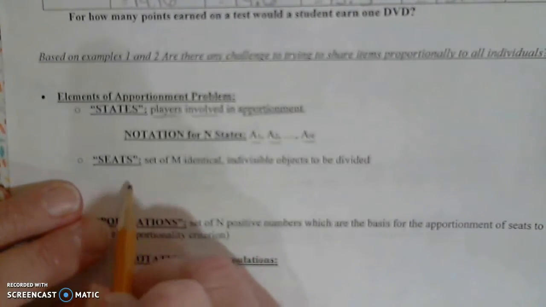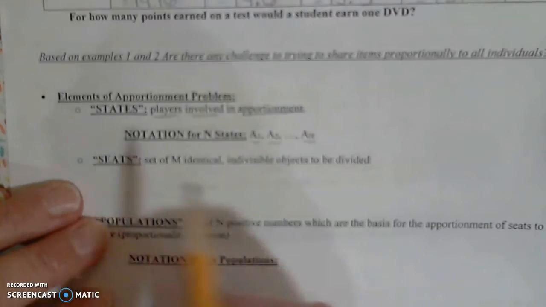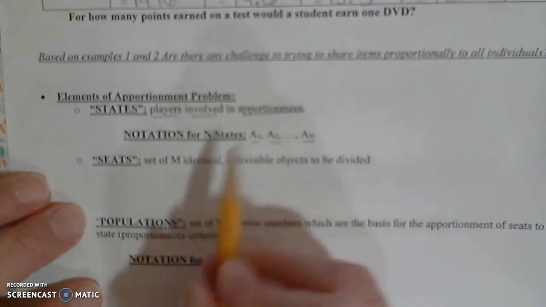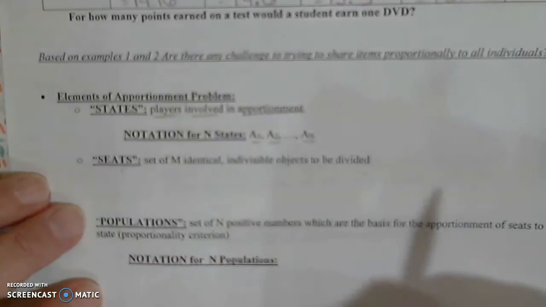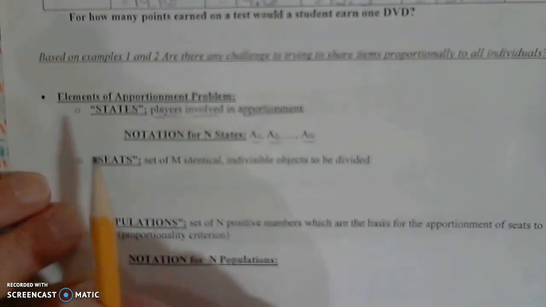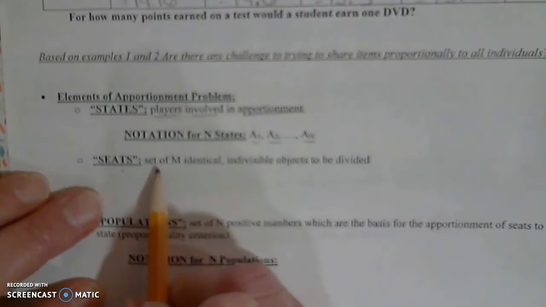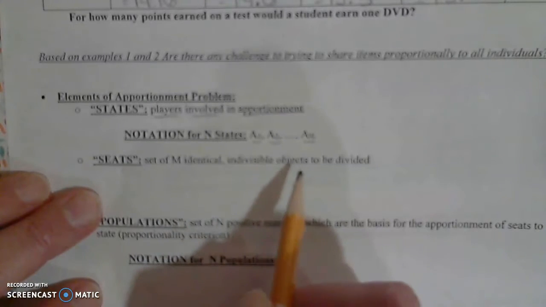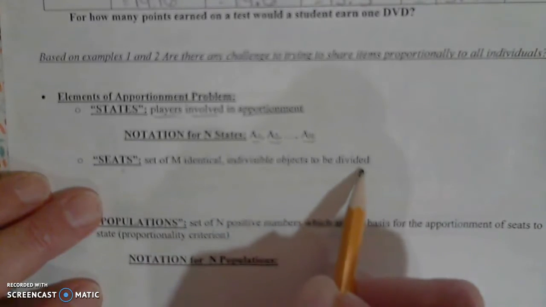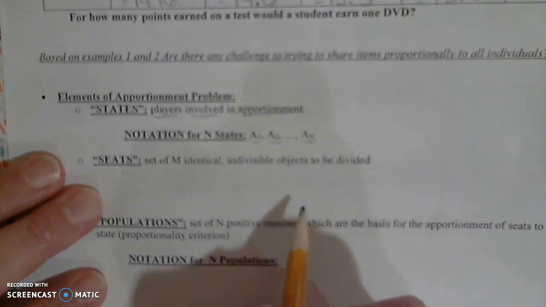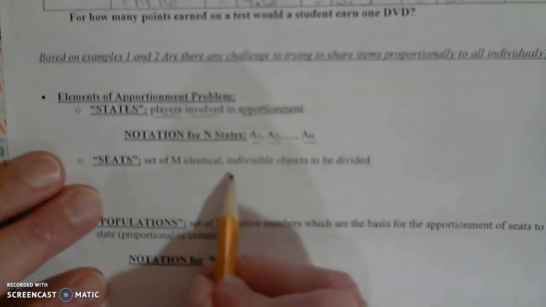Now your seats. The seats are what we're getting out. And so example 1, that was a piece of chocolate. And example 2 up here, those were the DVDs, would be considered the seats. It's the set of M identical, indivisible objects to be divided. Okay? Does that make sense?